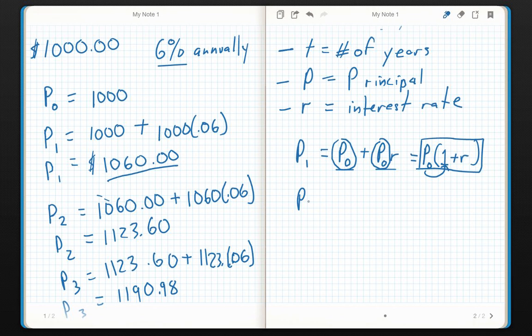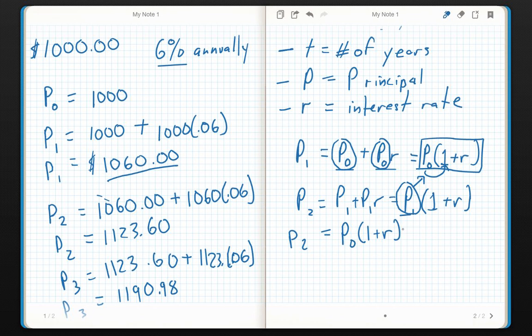Now P2 is going to be the same process, except it's P1 plus P1 times R, which again can be factored. It's P1 times 1 plus R. And we know from a second ago that P1 is equal to P0 times 1 plus R. So we end up with P2 equaling P0 times 1 plus R, times 1 plus R, which ends up being P0 times 1 plus R squared.